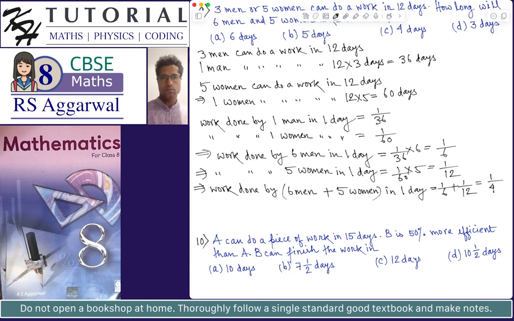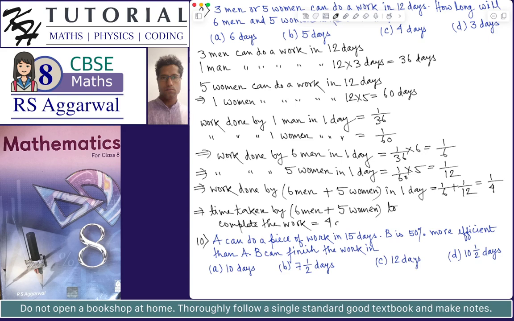So, this will imply that the time taken by 6 men plus 5 women to complete the work will be equal to 4 days.